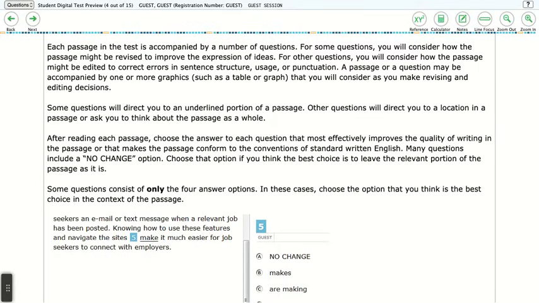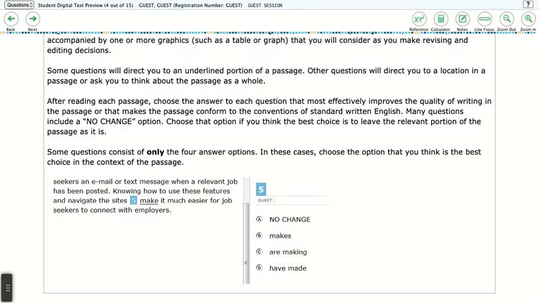Many questions include a no change option. Choose that option if you think the best choice is to leave the relevant portion of the passage as it is. Some questions consist only of the 4 answer options. In these cases, choose the option that you think is the best choice in the context of the passage. And it shows you here what that might look like.